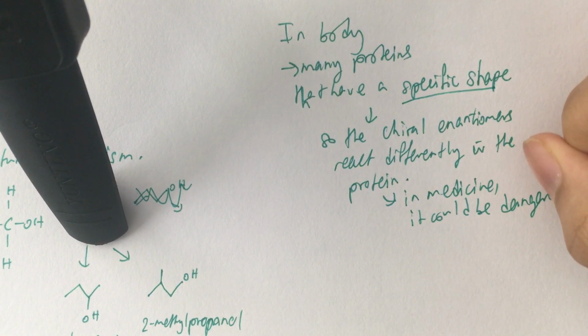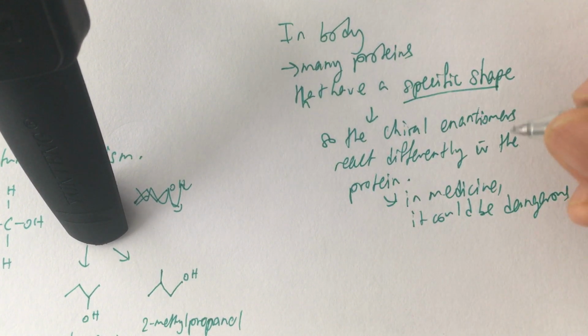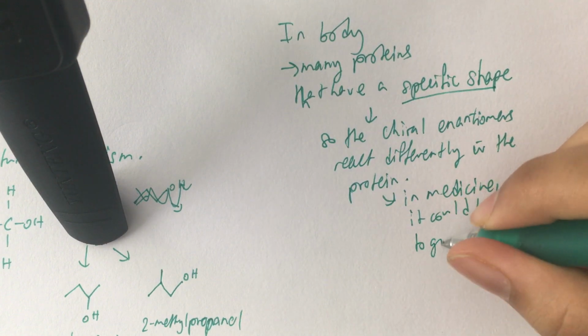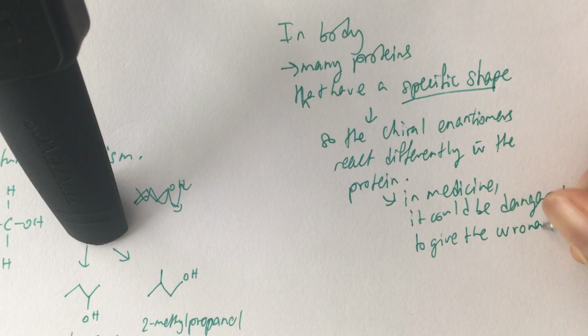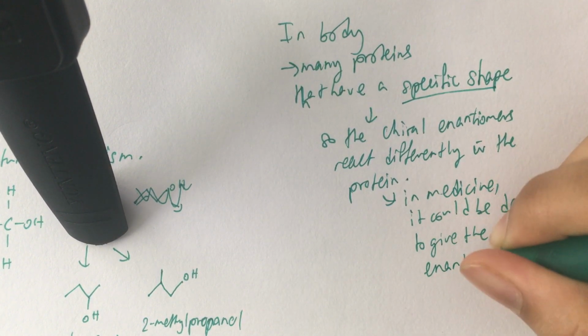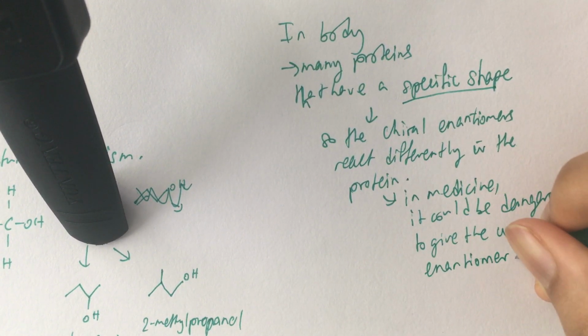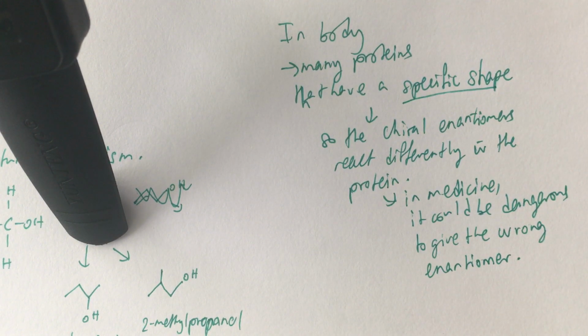It was used to treat morning sickness, and they were selling it, but what they were selling had quite a good amount of the dangerous stuff, and it caused a lot of trouble, and it made the kids have defects. So they realized that late, and then had to make sure only the good one is produced, not the one that causes trouble. So do recognize that they can have different biological properties.